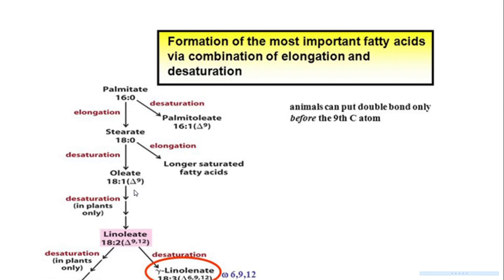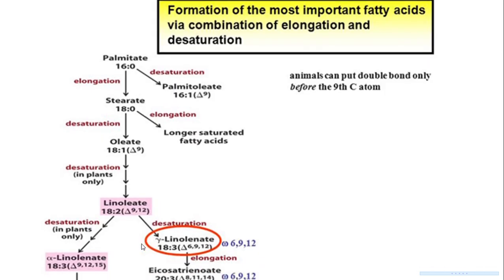Now, looking at the oleate undergoing desaturation again, you are still removing hydrogens, so it will bear another double bond. It was having a single double bond, but now it has two double bonds, at positions 9 and 12.